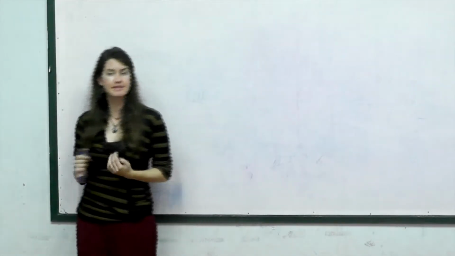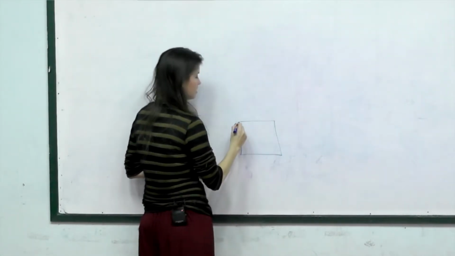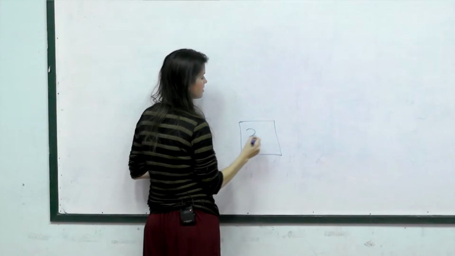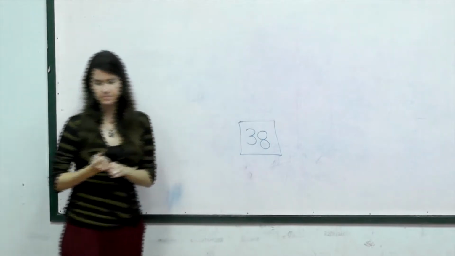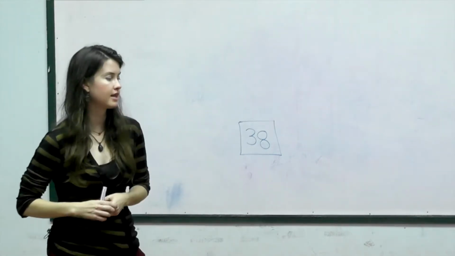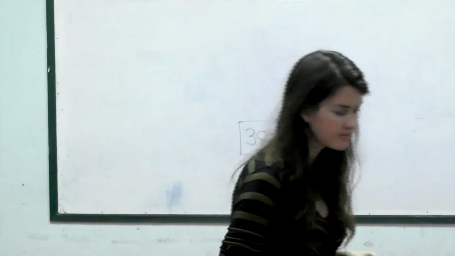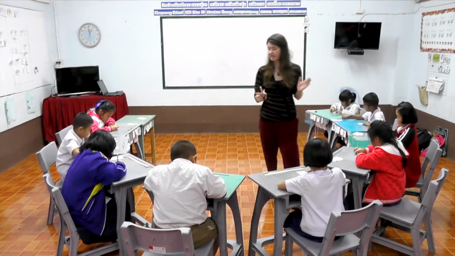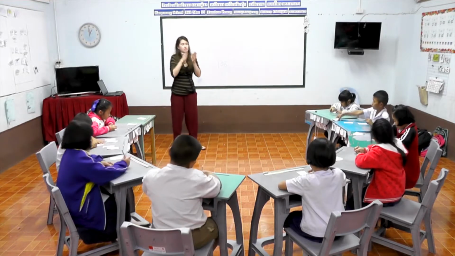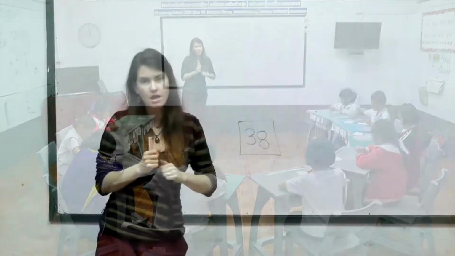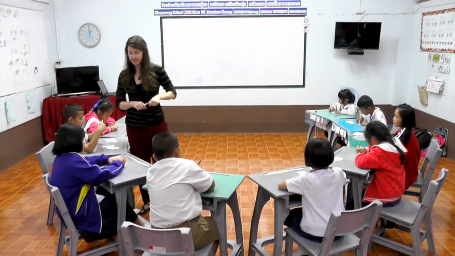So let's count by 7s again. And let's look for the number 38. You can look on your paper where you have 7s before. You don't have to write them again. We wanna get as close as we can to 38, but we don't wanna go higher. 38 is our number we're looking for.